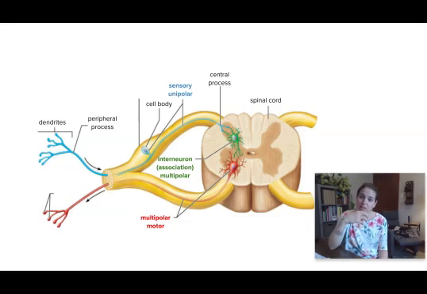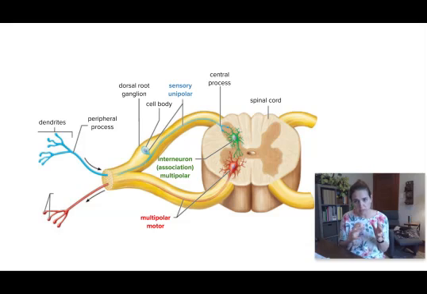In this case, because you have this cluster of little things that are bulging off, if you look at the outside of this, there's a bulge here on the portion of our spinal cord. Notice how there's no bulge on this side. This is called the dorsal root ganglion. The ganglion is just kind of like a bulge.